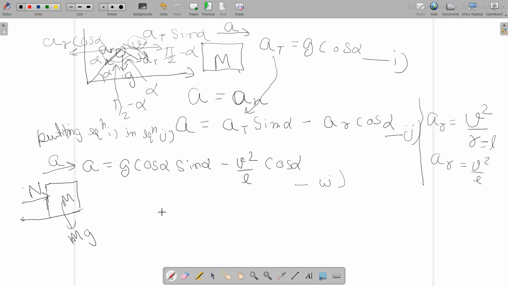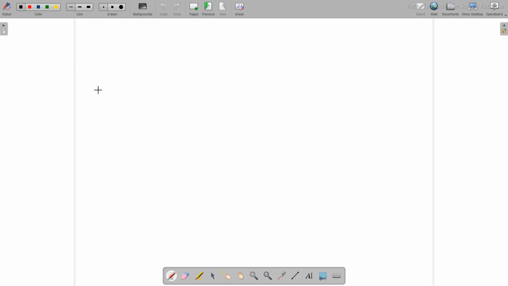Now taking the horizontal component and applying Newton's second law, then M a is equal to N. Therefore, rewriting the expression, N is equal to M a.